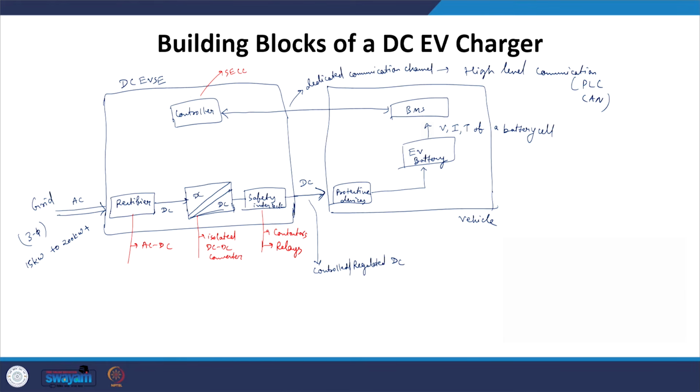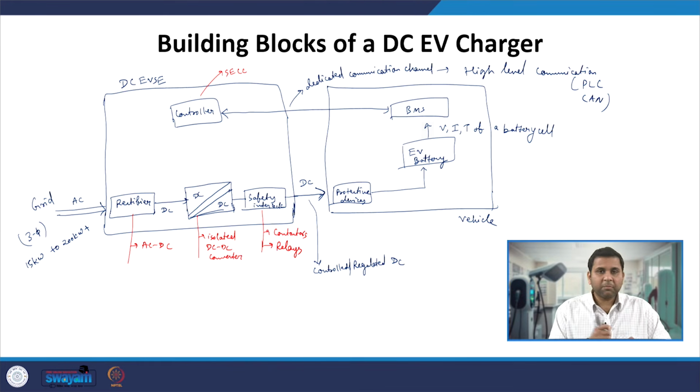So the thing which I am trying to convey is that a lot of information is exchanged between this controller and BMS. And why? Because the entire power conversion is taking place inside the DC EVSE. If you look very carefully, in case of AC EV charger, there is not much information that needs to be shared between the BMS and the controller of the AC EVSE, because the entire power conversion is taking place inside the vehicle, and that will have the dedicated communication channel between the BMS and the controller of the onboard charger.